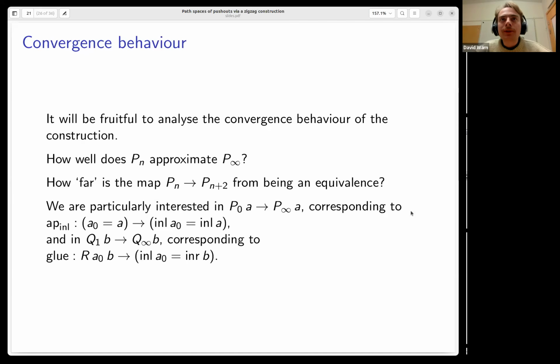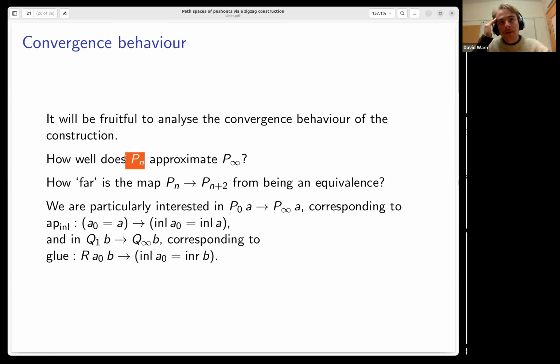So now I will try to describe the analysis of this construction, which leads to the applications of this construction. This is what I call convergence behavior. Essentially what we're trying to understand is, we have some sequence of types Pn that converge to some colimit P infinity that we're interested in.